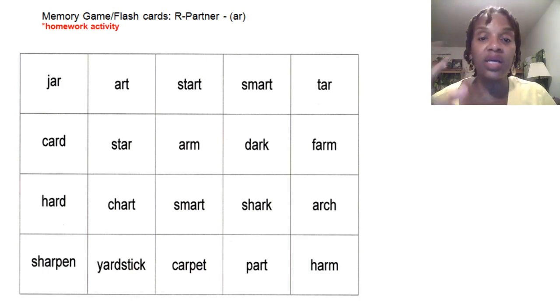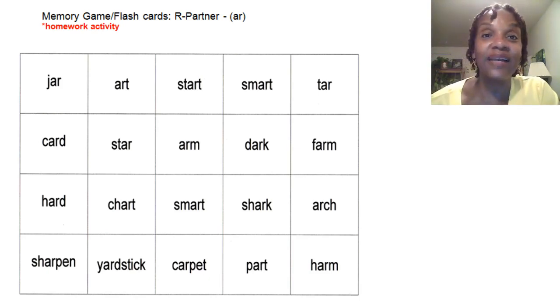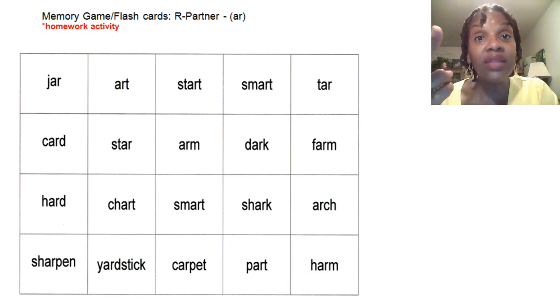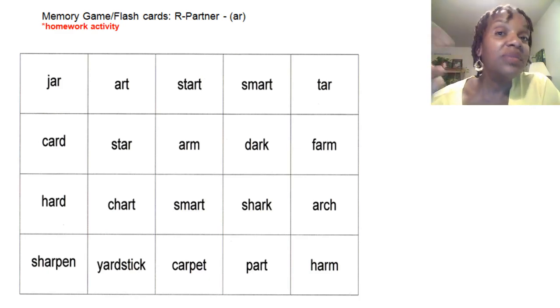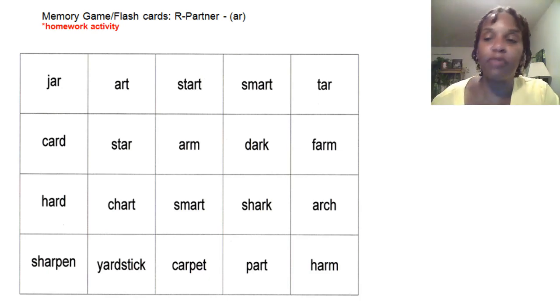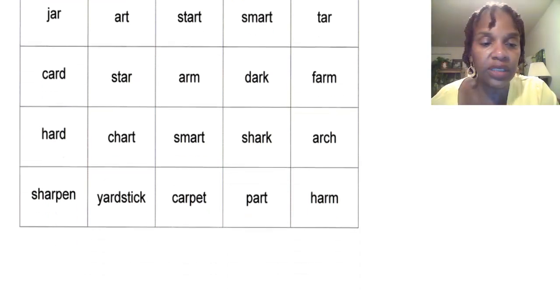And you're going to cut out the flashcards, and then you're going to play either the memory game or bingo, or you can just use them as flashcards, right? And even though you're playing and having a good time, you're learning how to sound out words, you're learning how to spell them. Maybe you can use them in a sentence, so you're learning how to understand or comprehend them. All right, good job, good job, good job.